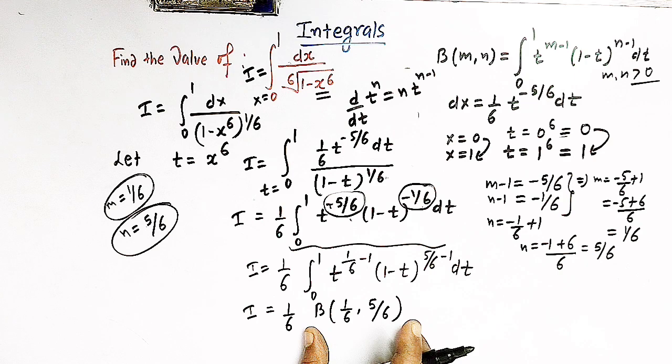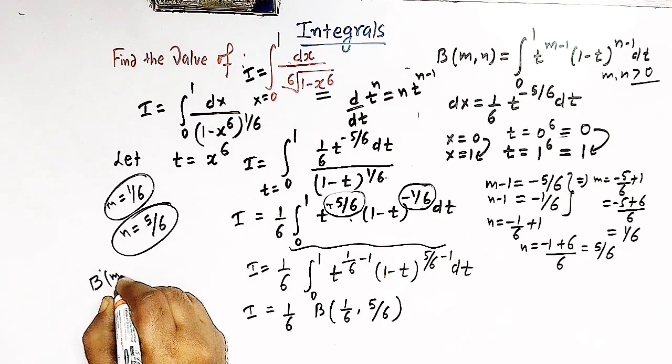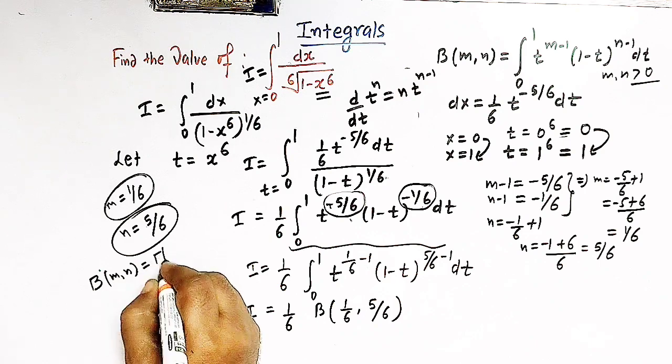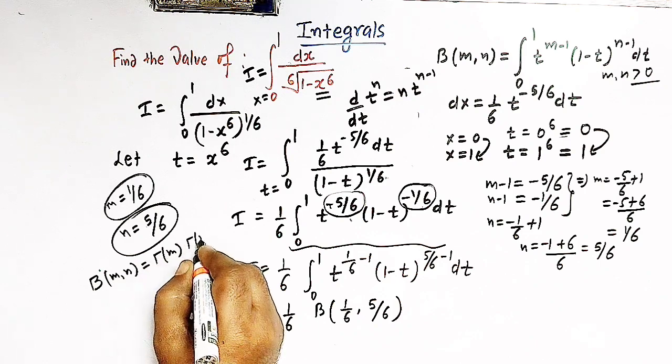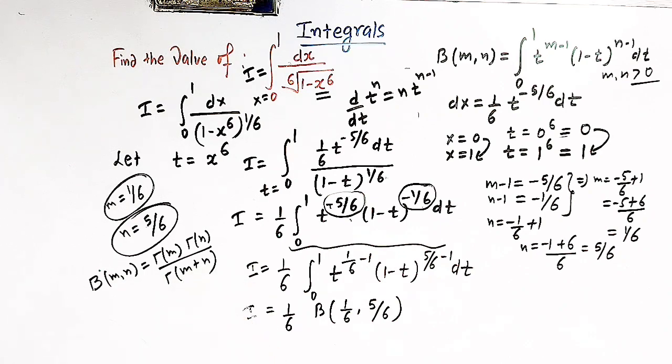So now we have to find out the value of this expression. To get the value of this expression, we'll make use of an important relation between beta and gamma functions. Beta m comma n is given by gamma m times gamma n divided by gamma m plus n.